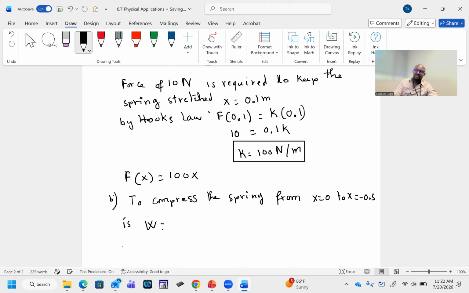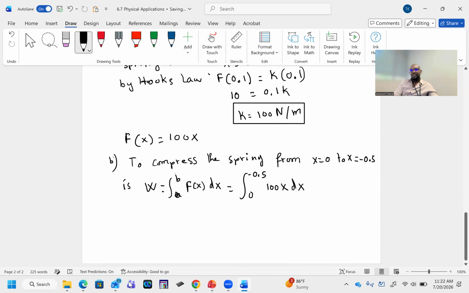W is equal to the integral from A to B of f of x dx. Always write the formula down so you will remember, okay? So which will be what? The integral from 0 to negative 0.5, our f of x is 100x dx.